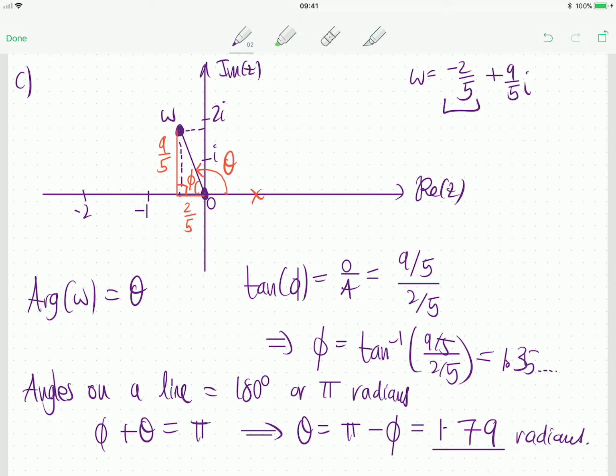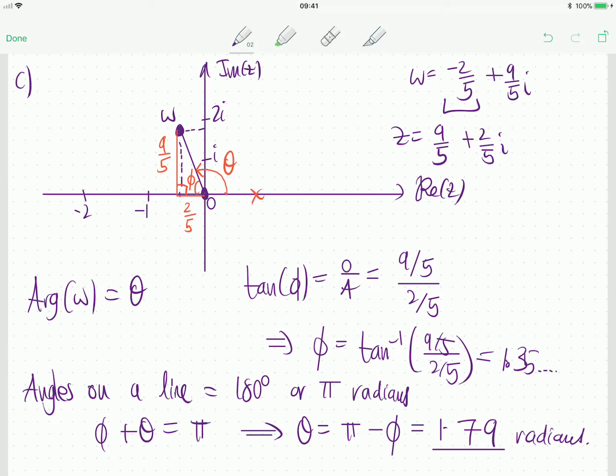Okay, so the next part of the question was draw Z and W. Well, I've drawn W, so next let's draw Z. Maybe I should use a new picture. Let me see, is it going to get messy? Actually, no, it's not going to get too messy. So I'm going to put it on the same picture. So the Z was 9/5 plus 2/5 of i.